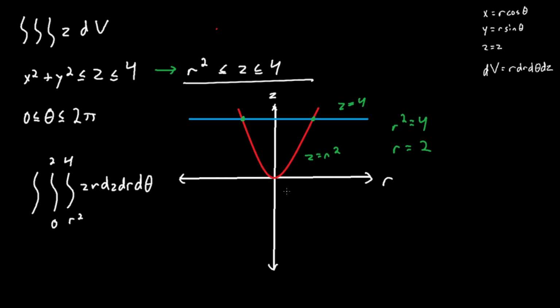Now, this actual function is in 3 dimensions, right? But I'm representing it in a 2D plane because it's technically the exact same thing. This is just a cross section of what you are looking at in 3D.